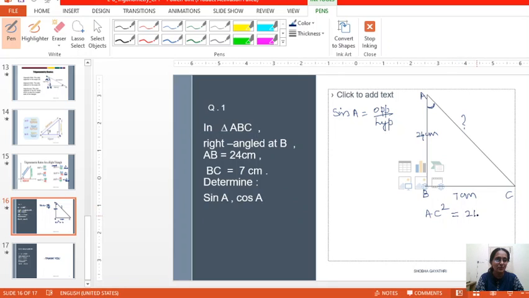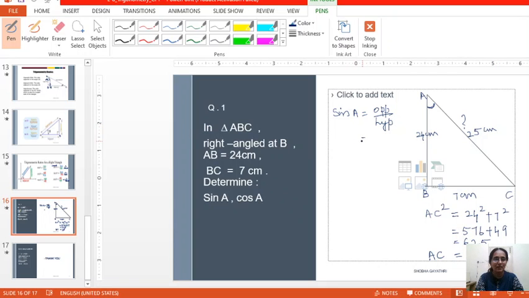It is 24 square plus 7 square. 24 square is 576 and 7 square is 49. You will get 625. AC is the square root of 625. It is 25. Don't forget to take the square root. 25 centimeter.